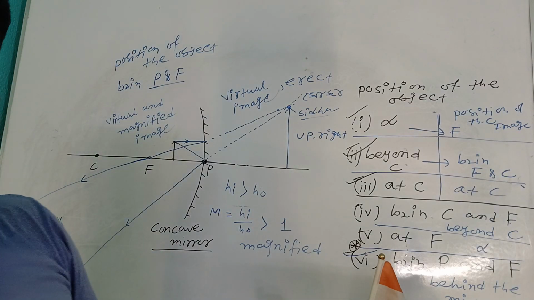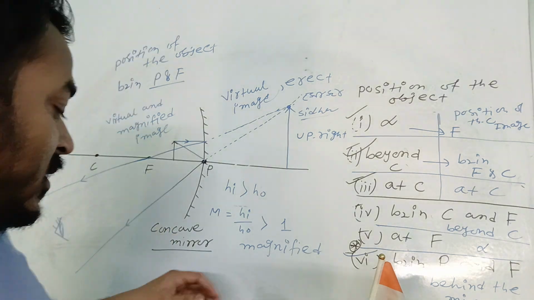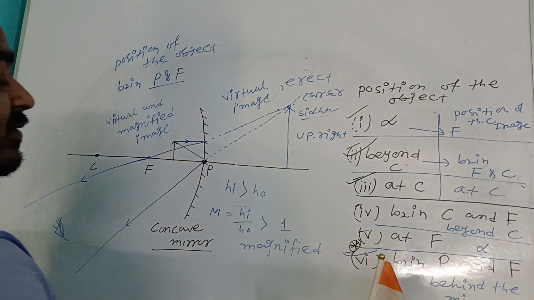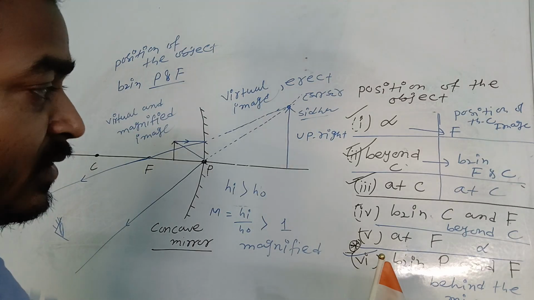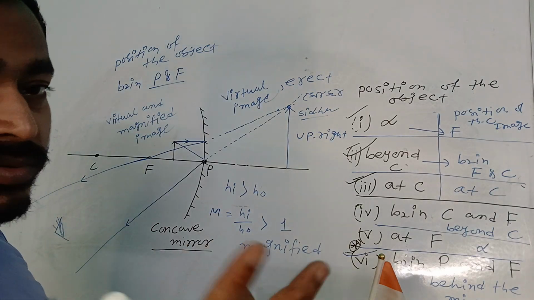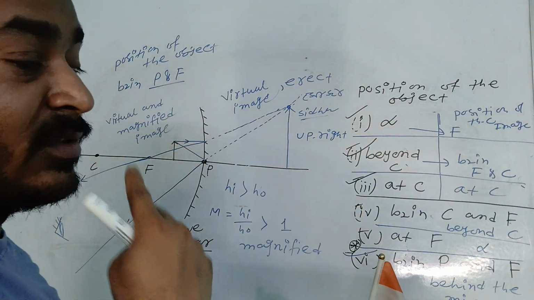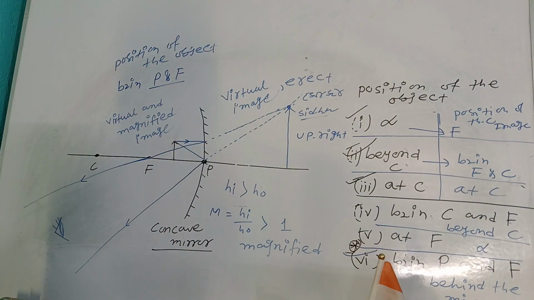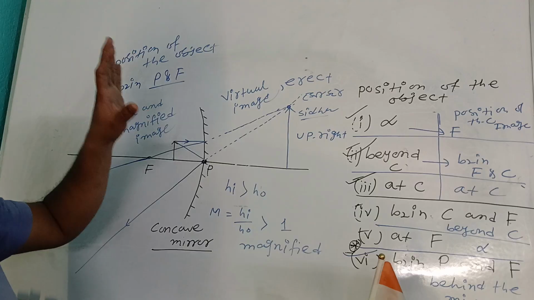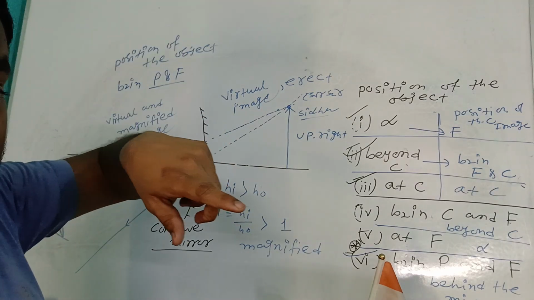So practice. Next part we will discuss the derivation of the mirror formula for both concave and convex, and two ray diagrams for the convex mirror. Along with this we will discuss magnification, and next we will discuss some mathematical problems depending on the mirror formula with sign convention.